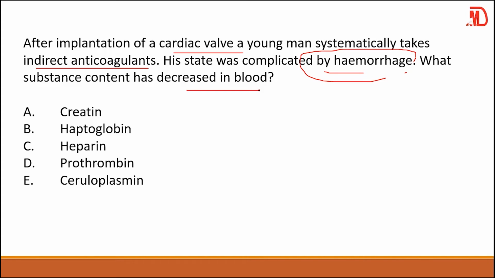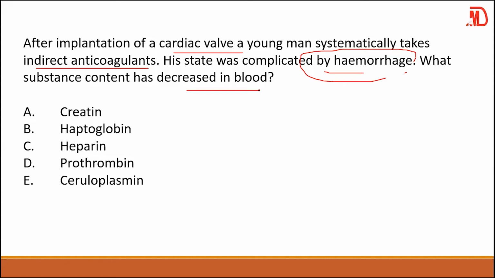Numerous hemorrhages during the blood coagulation test normally reveal an increased prothrombin time. So over here, we're going to look at what content will decrease. Now don't forget prothrombin time is different from prothrombin.